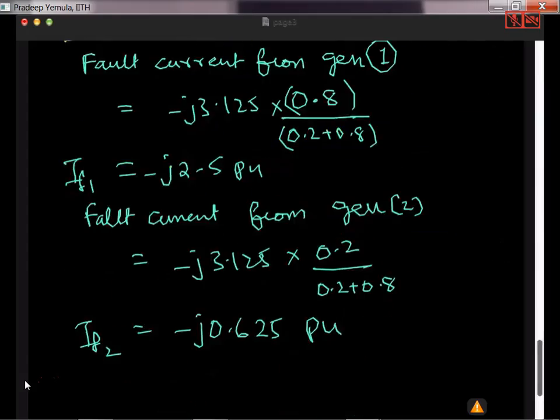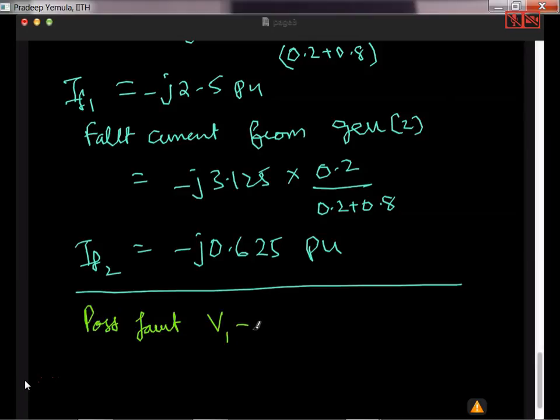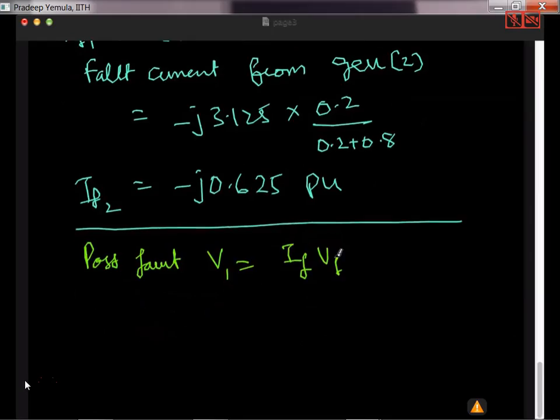I can also find the voltages. So what is bus 1 voltage? So post fault V1 is nothing but IF into ZF. So fault current was minus j3.125 and fault impedance is j0.16.